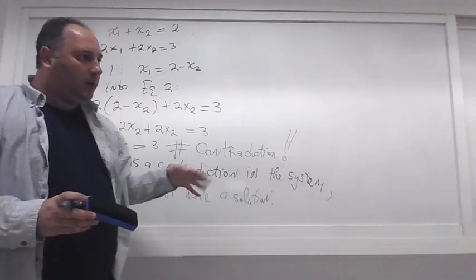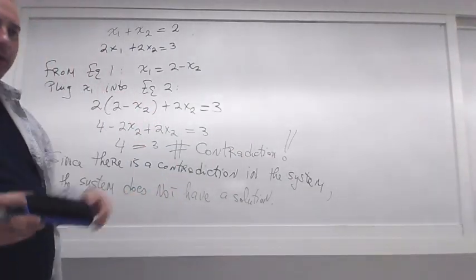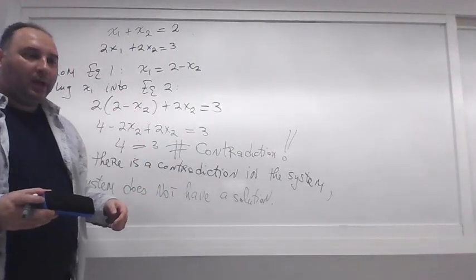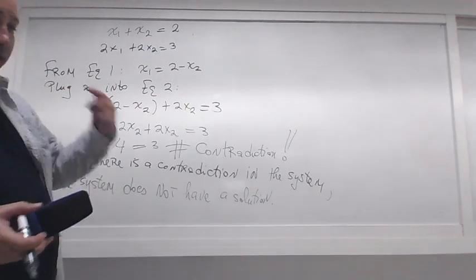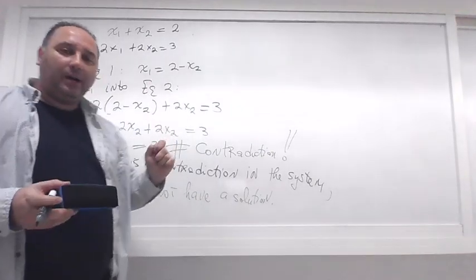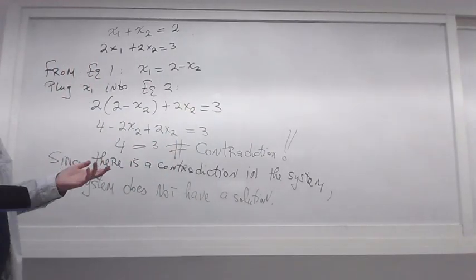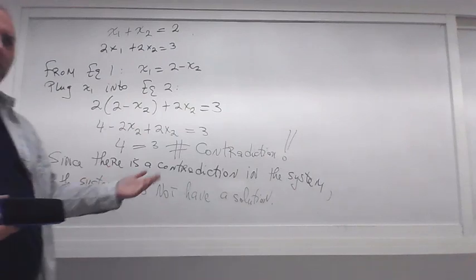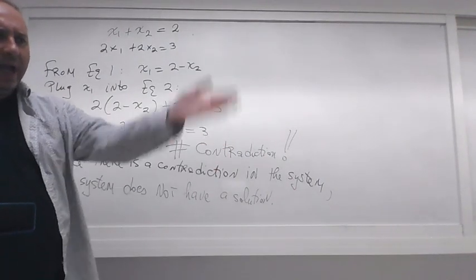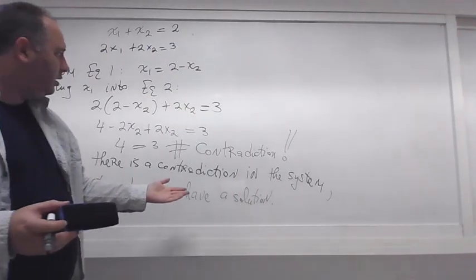An analogy would be, I tell you, okay, give me a real number that is greater than 1. You say, okay, no problem, I have infinitely many of those. I say, okay, but now give me a real number that is greater than 1, but also at the same time smaller than 0.5. And you go, well, how do you want me to give you a number that is greater than 1 and at the same time smaller than 0.5? You have a problem in your head?